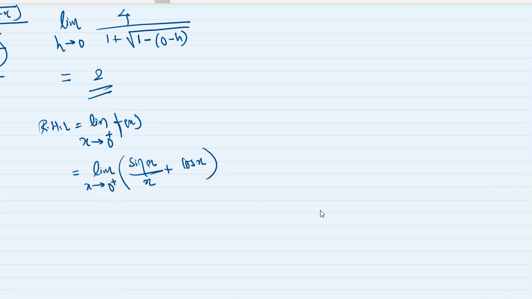Now do we need to simplify this, or how do we do it? Because if it is sin x upon x, we can separate the limits and we can simplify. Let's try this.